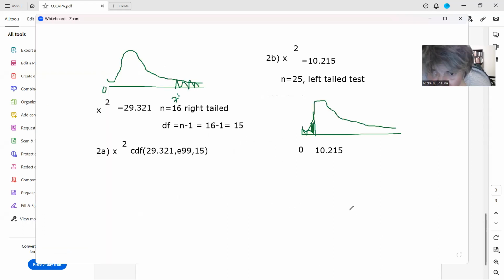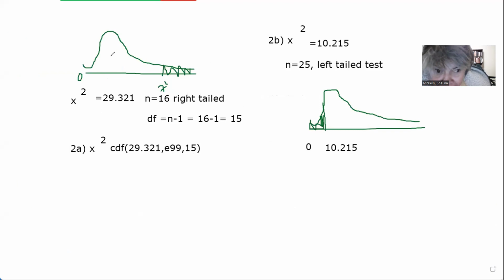I'm going to have my p-value here, which is going to be chi-squared CDF.